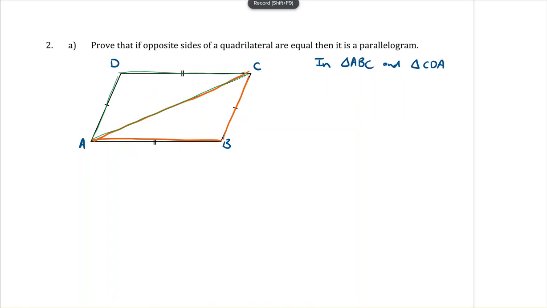So I have the markings showing me one line, and 2 lines, 2 lines. So I can use 2 sides, and I also have the AC as a shared side there, a common side. So I'm going to be able to use SSS.